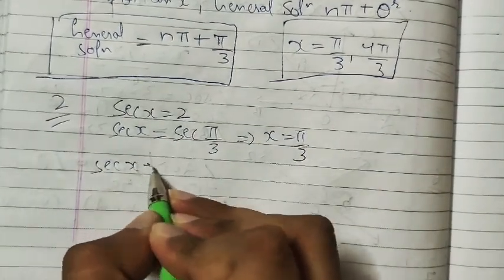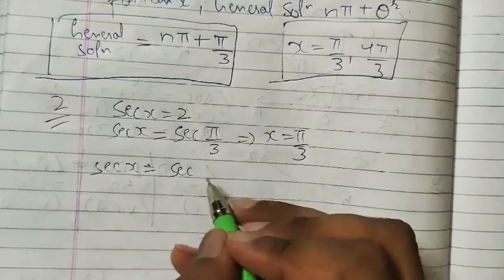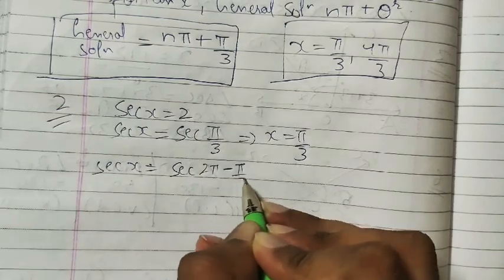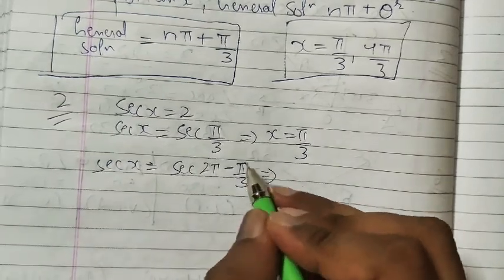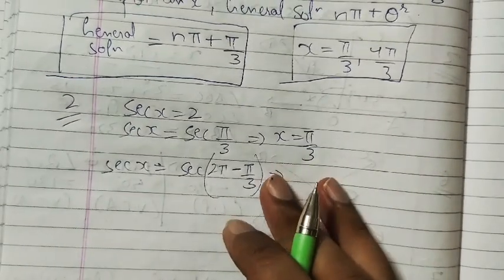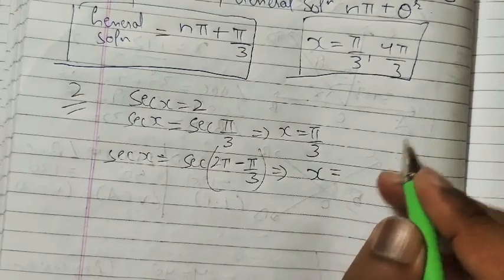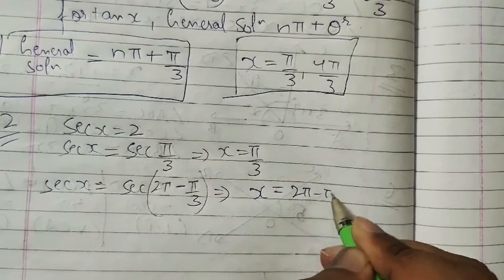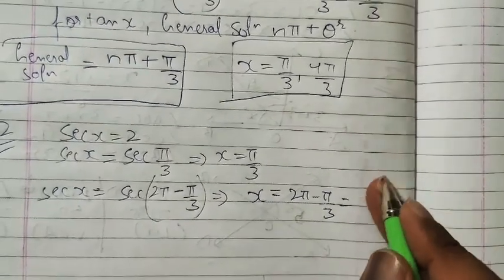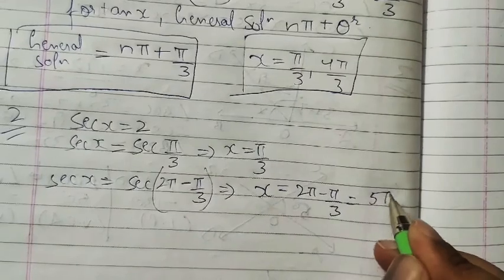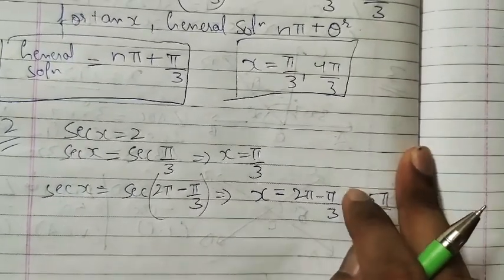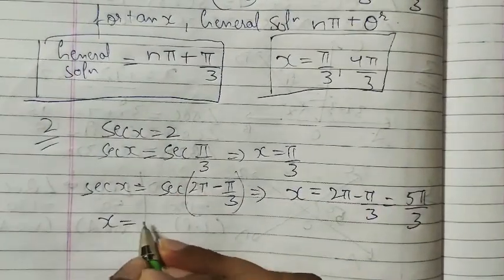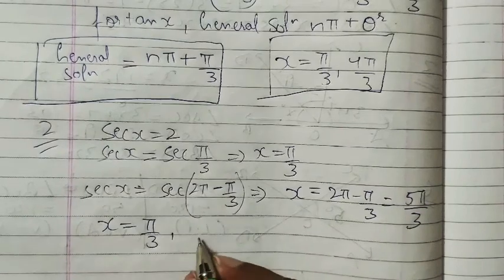Or sec is positive in fourth quadrant also, so 2 pi minus pi by 3, right? So this implies x is equal to 2 pi minus pi by 3, so which is 6 pi minus pi, 5 pi by 3. So principal solution of it will be x is equal to pi by 3 comma 5 pi by 3.